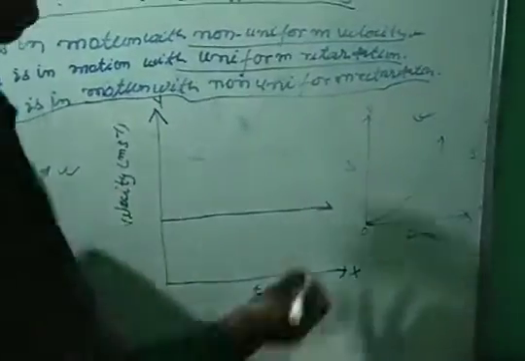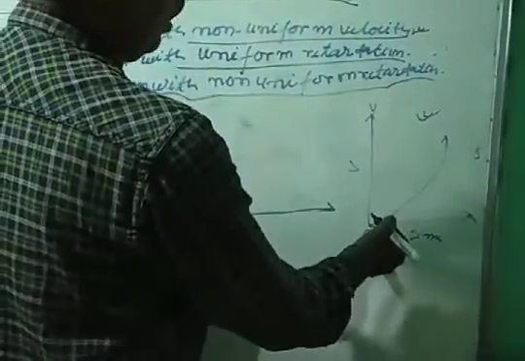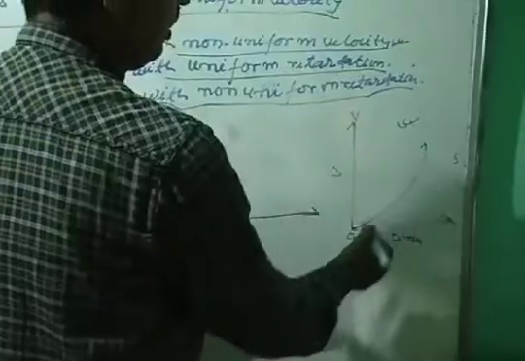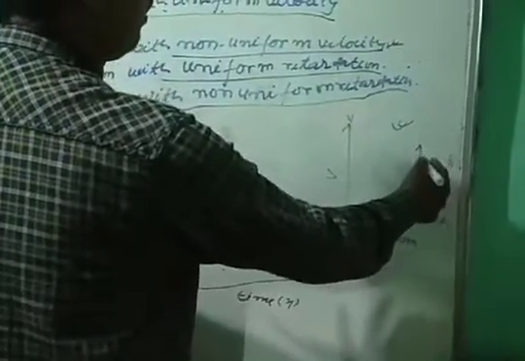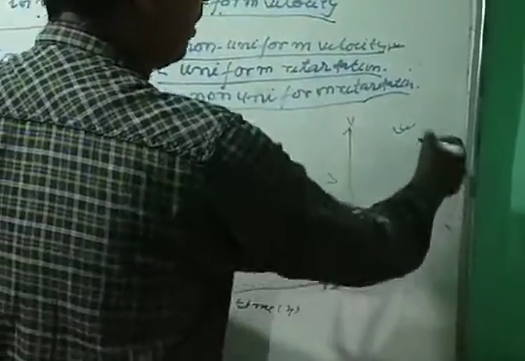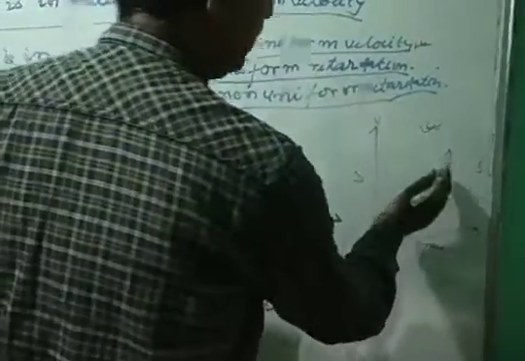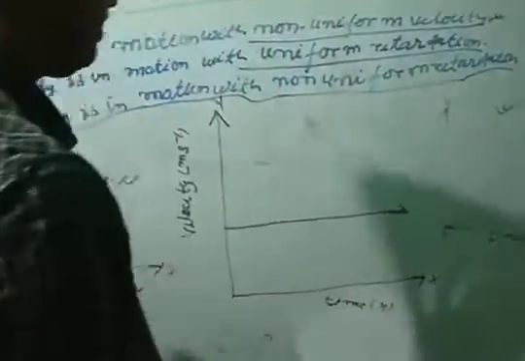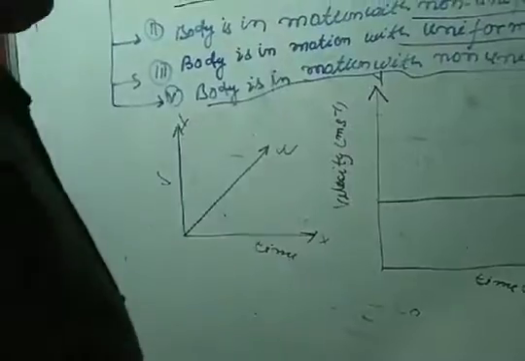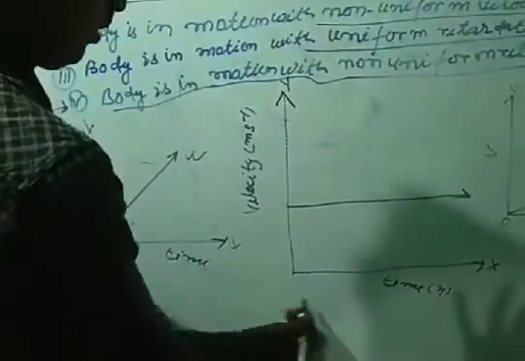And when the body is moving with non-uniform accelerations, then the graph is a curved line which is inclined to time axis. So this is the graph of different types of accelerations.